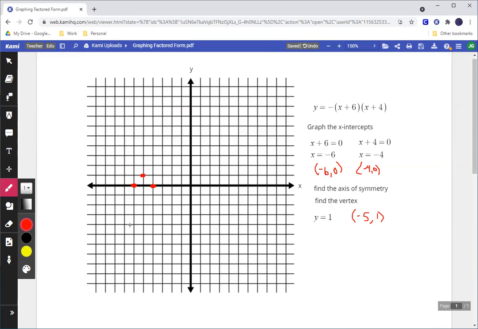Now we can select other points and calculate them and then mirror them to the other side. So let's go one more over from -4. Let's say -3 and find a point along this line. So let's substitute in -3 into the equation.